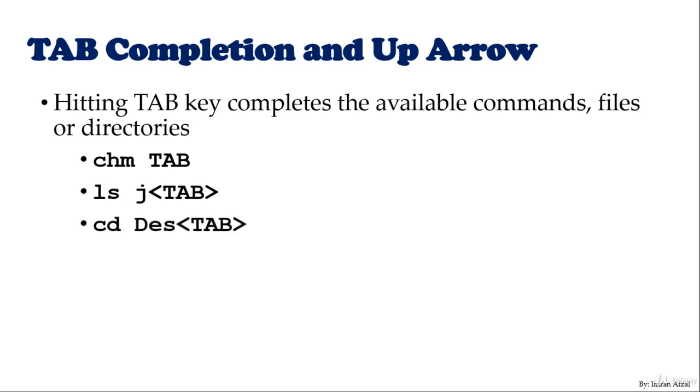Then you have cd des. If you do cd des and hit tab, it will bring you all the directories that match the first three letters, uppercase DES. So basically, the tab makes the typing a lot easier in Linux.